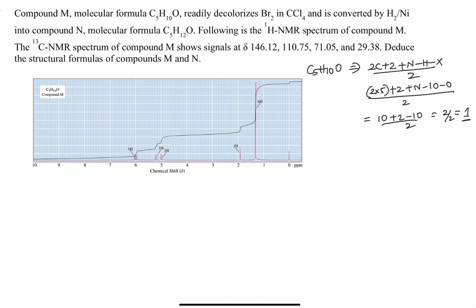Now let's go on to the next part. So this compound, when it is reacted with hydrogen in the presence of nickel catalyst, is converted into compound N, which has the molecular formula C5H12O. So if it undergoes hydrogenation, it gives us C5H12O.